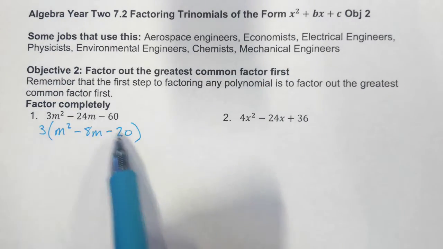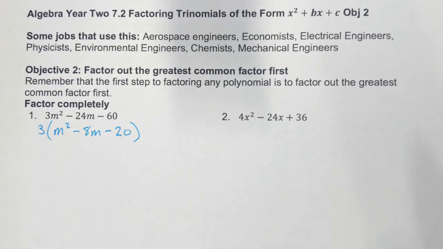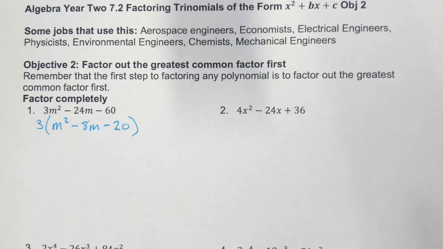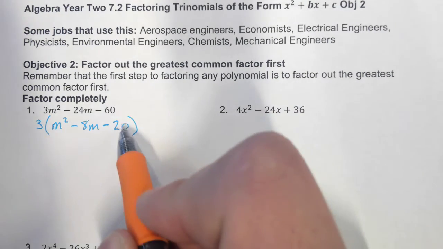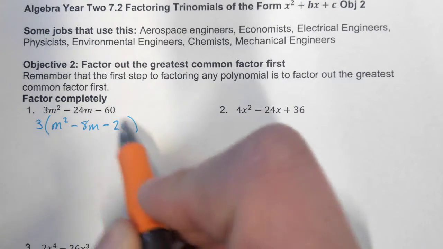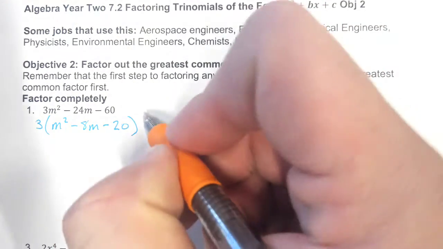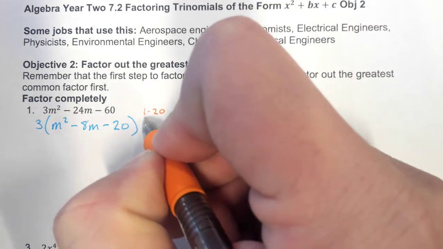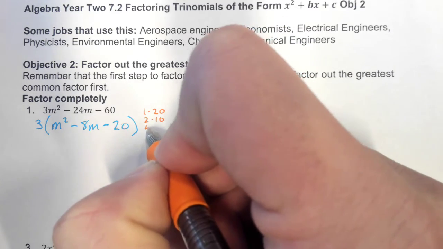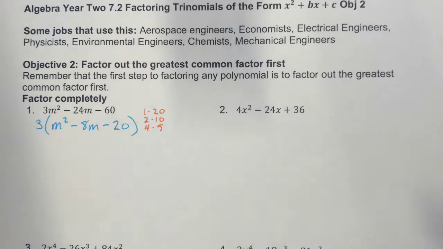And then we're going to look at that trinomial on the inside, and we're going to follow our rules from yesterday. So again, the first thing we're going to focus on is the third number, the normal one usually at the end, and what are the factors of 20? They are 1 and 20, 2 and 10, 4 and 5, and that's it.